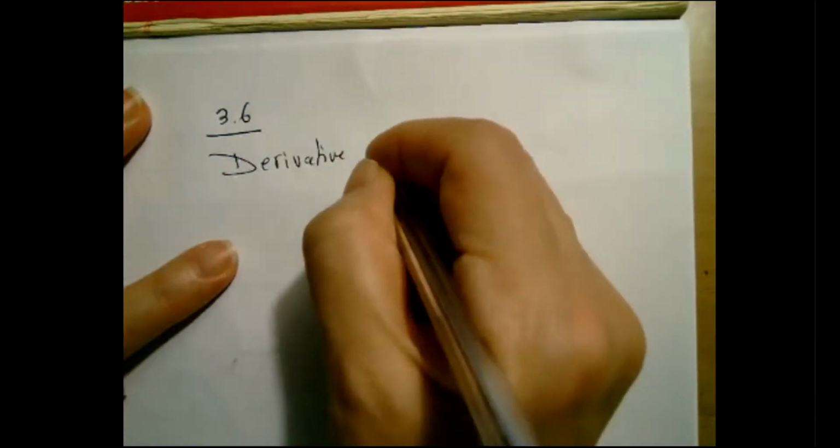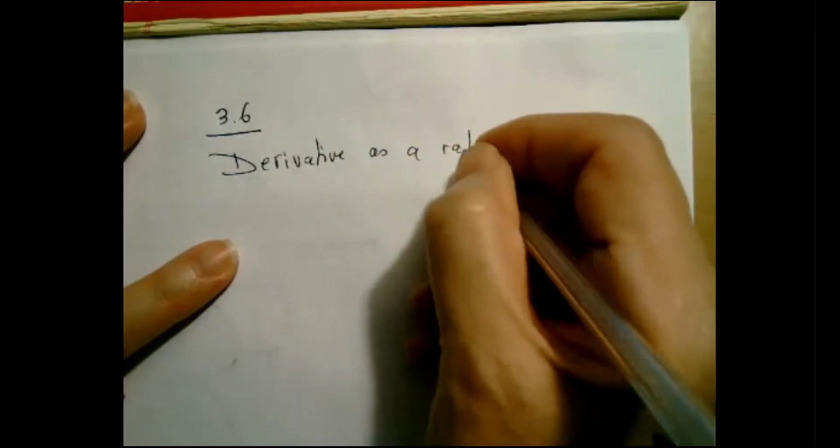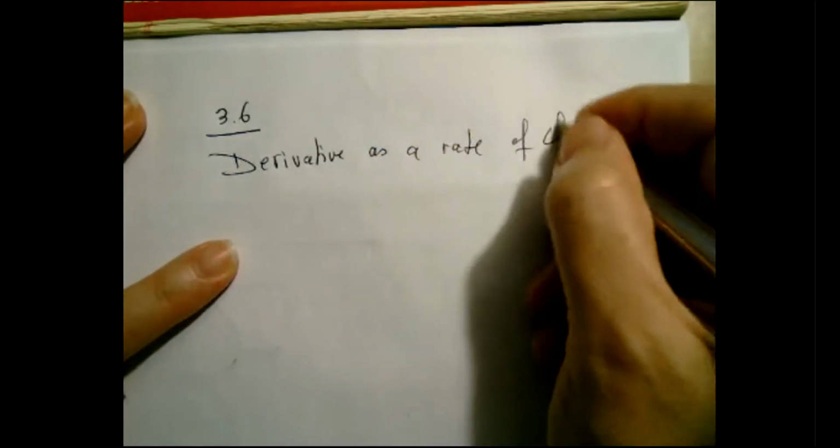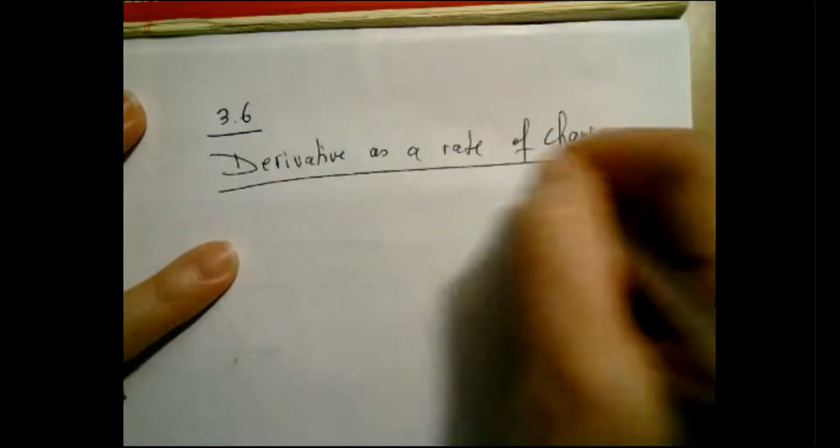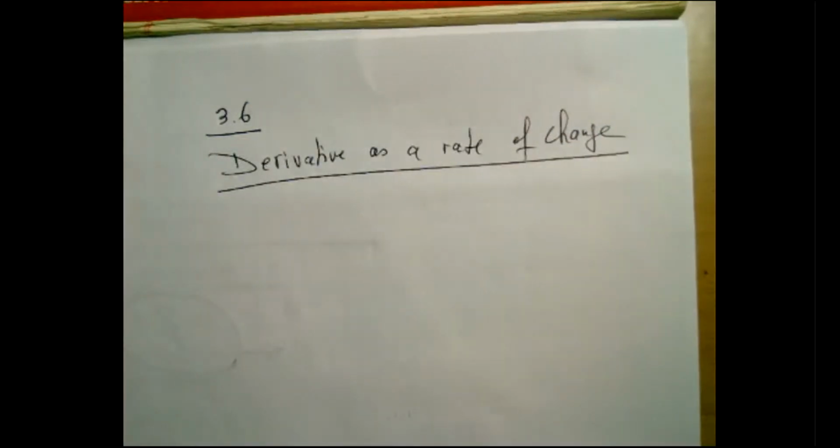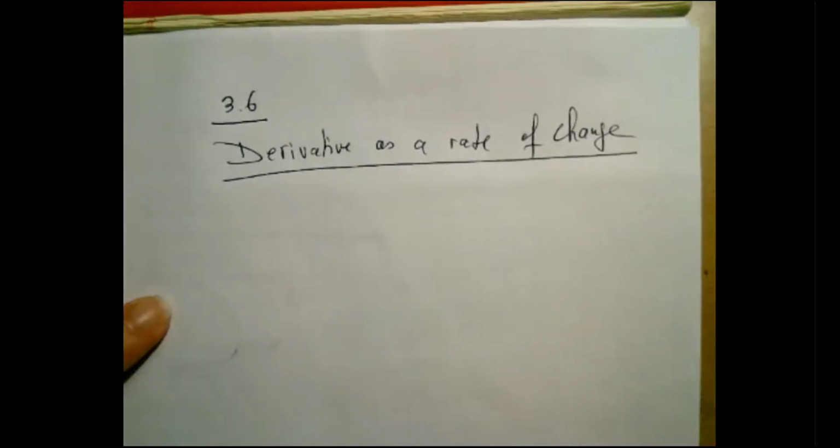The section is called derivative as a rate of change. But today we will emphasize again the derivative as a velocity because it's crucial. All right, so let us see what is the setup in those scenarios.